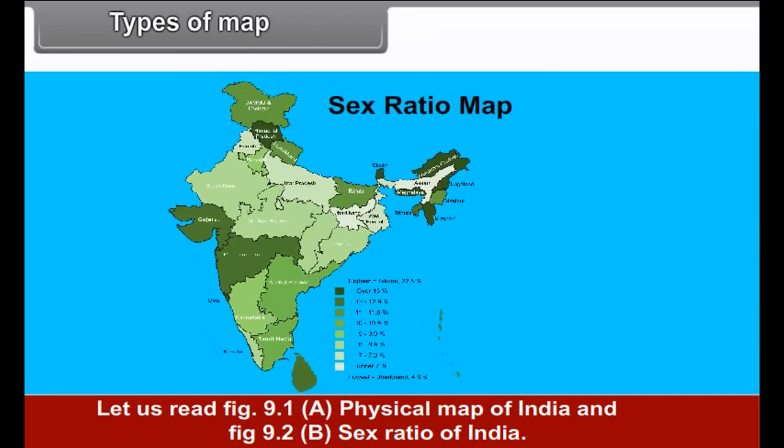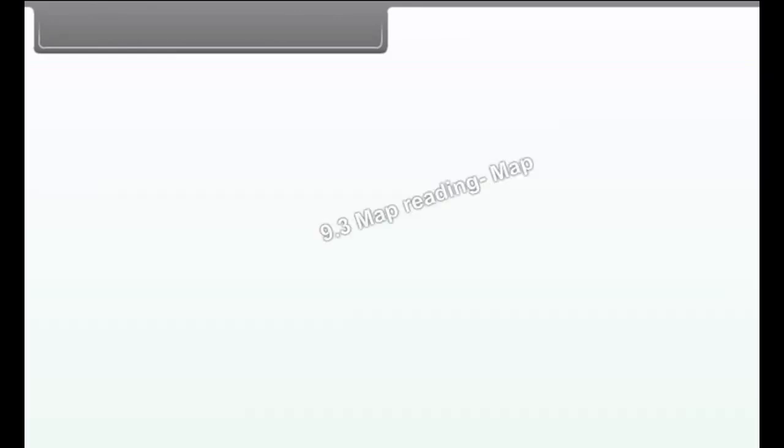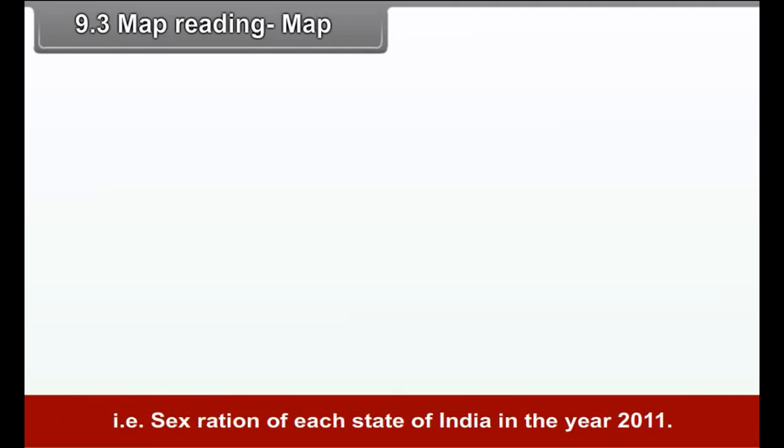Let us read Figure 9.1a, Physical Map of India, and Figure 9.2b, sex ratio of India. Both the maps are different. So let us try to read them separately. For this, we have to take different aspects of maps as given below. Map in Figure 9.2b.